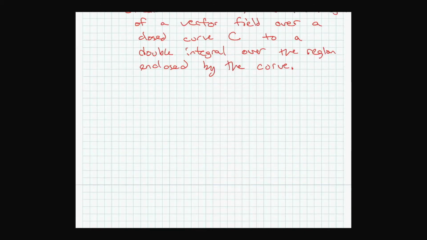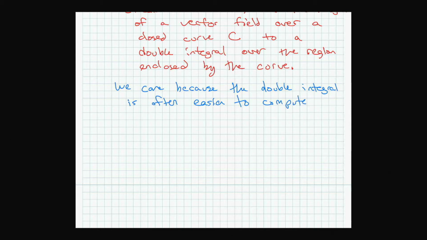Now, why would you care about that? Well, because a lot of times the double integral is going to be easier to calculate than the line integral. So we care because the double integral is often easier to compute than the line integral.